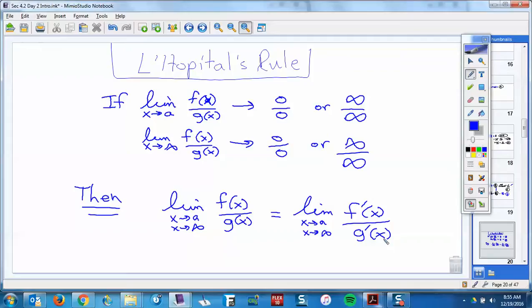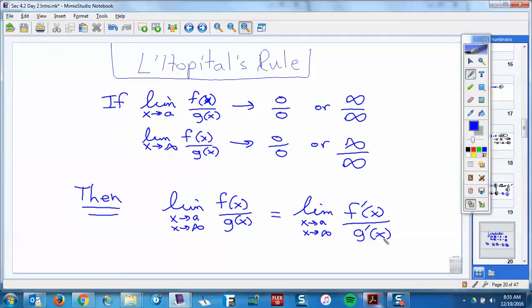In other words, what this is saying is if you have a problem that is 0 over 0, so it's got to be a fraction, right? So that's why it's f of x over g of x, right? It's got to be a fraction. To come out 0 over 0 or infinity over infinity. If you get one of those two situations, then you can just do the derivative of the top and the derivative of the bottom.